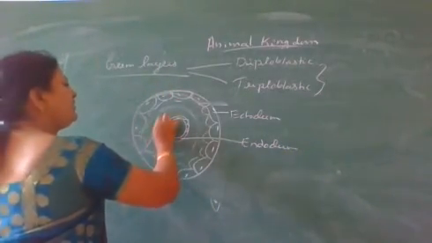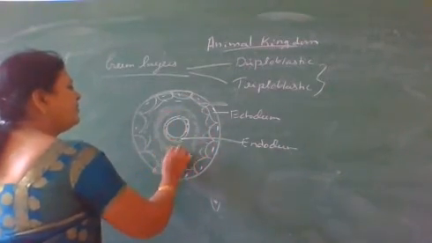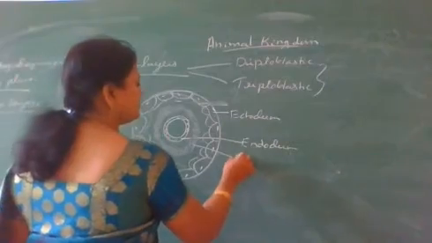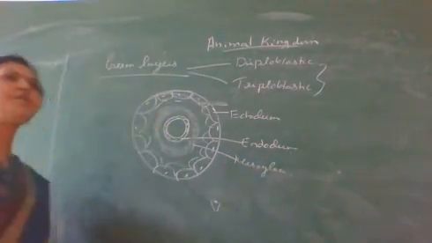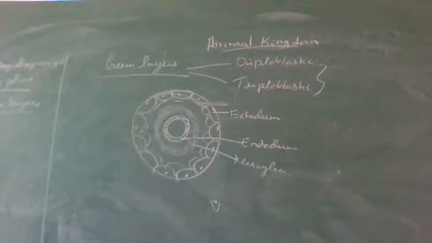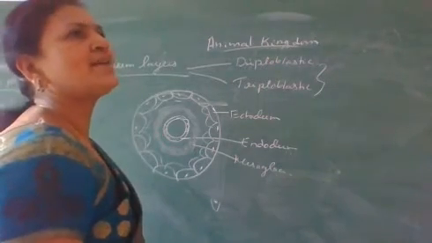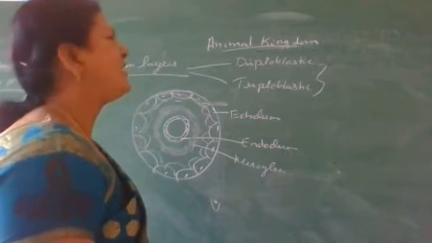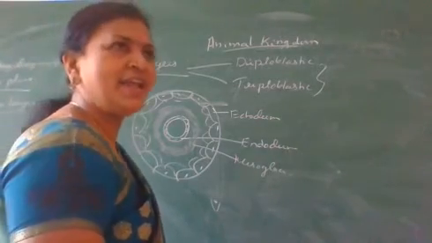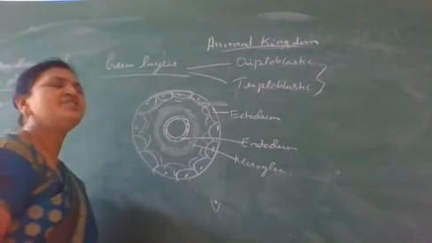In between that there is a jelly-like mesoglea. This kind of animals are called diploblastic animals, as in case of ctenophorans as well as coelenterates, having only 2 germ layers, ectoderm and endoderm.